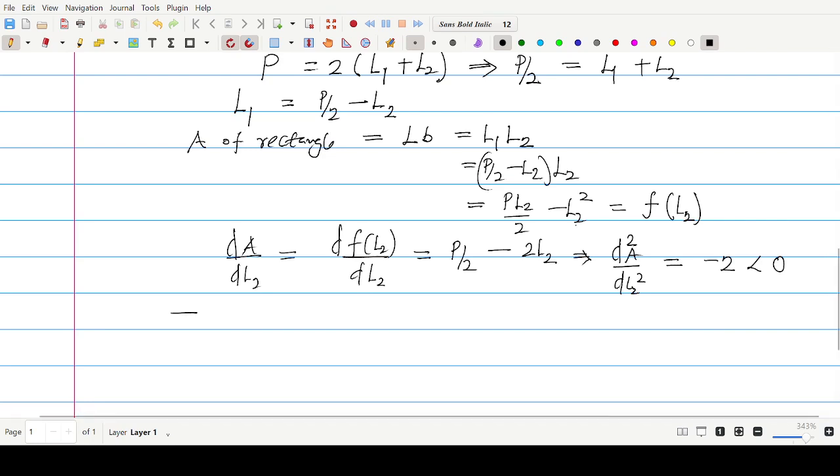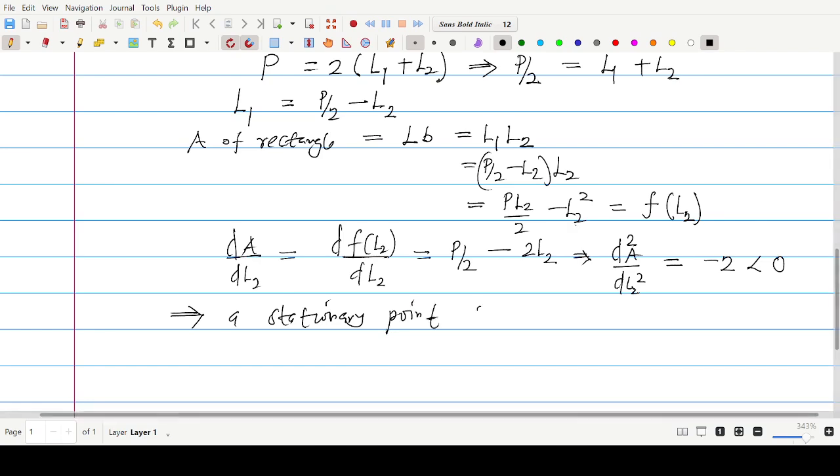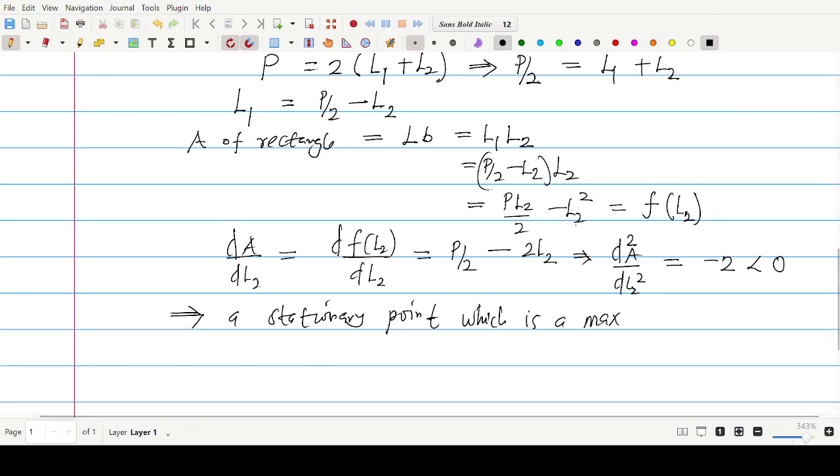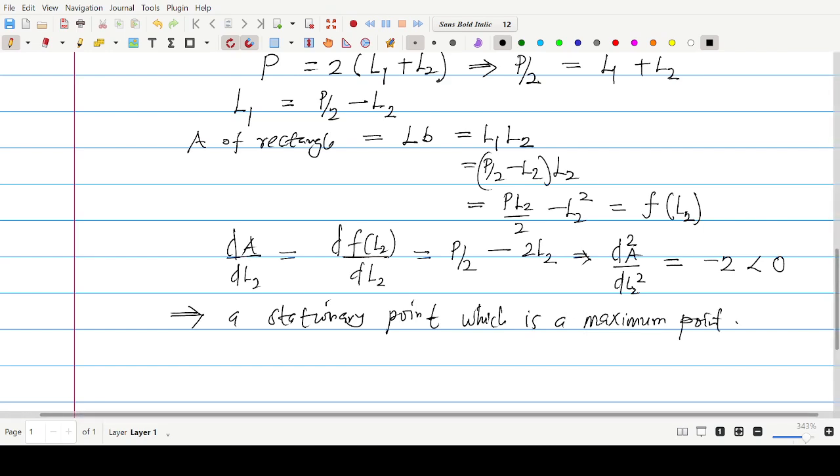And this indicates a stationary point, which is a maximum point. All right, so we have this as a result. So in order to find this maximum point, we set the value of dA by dL2 to be 0, because at any stationary point or critical point, the derivative is always 0.